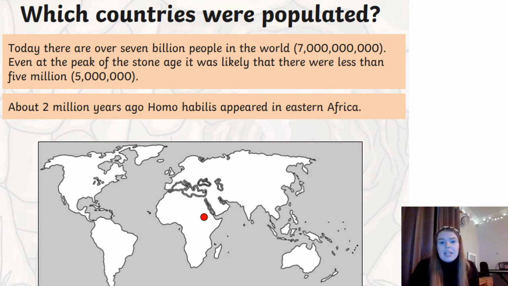About 2 million years ago, Homo habilis, which remember means the first people, appeared in Eastern Africa. If you look carefully on the map, you can see the red dot there, and that's showing you Eastern Africa and where the first people who were in the Stone Age lived.